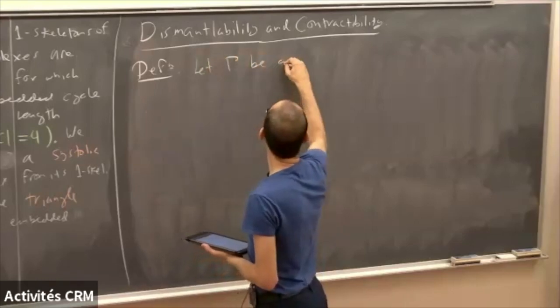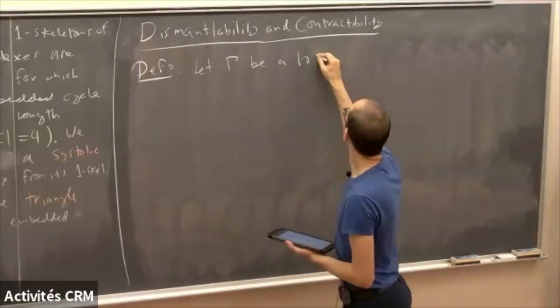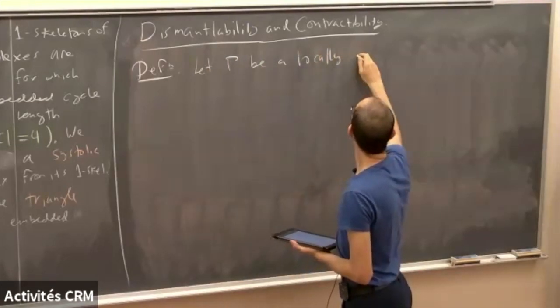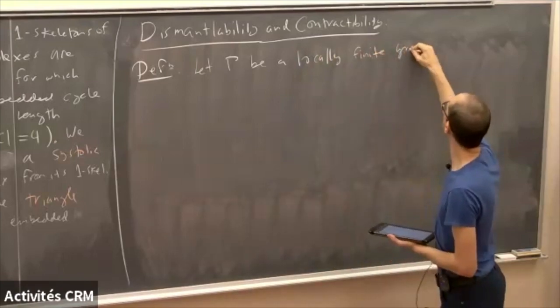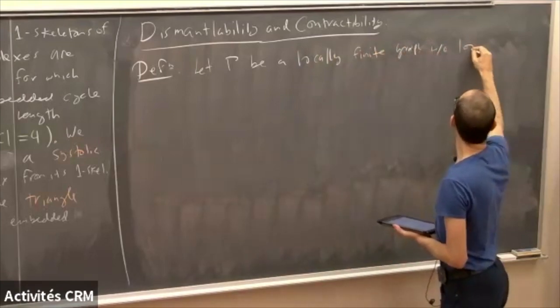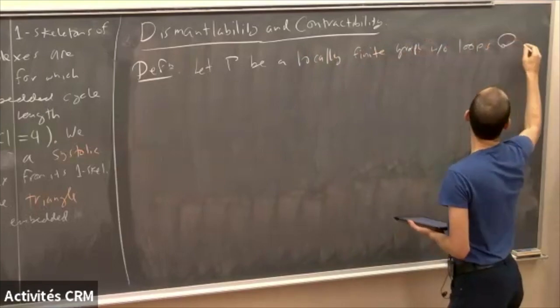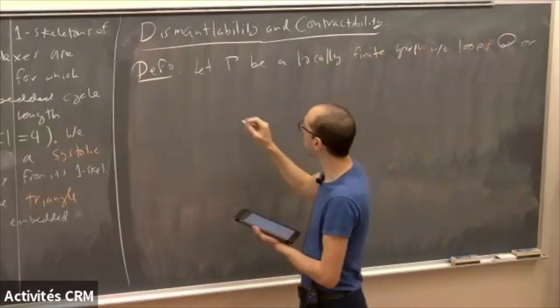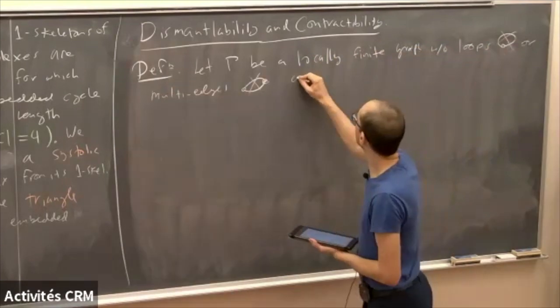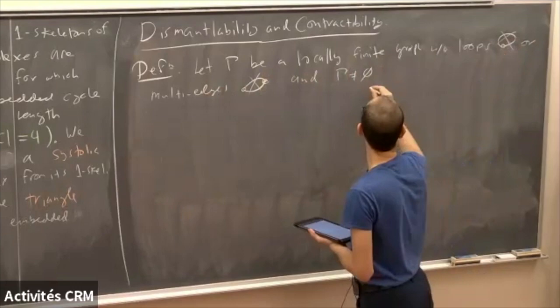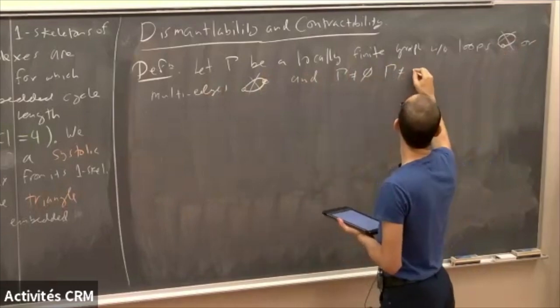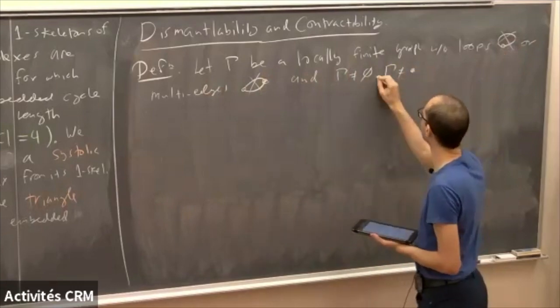Let gamma be a locally finite graph without loops or multi-edges. And gamma is not empty. Gamma is not equal to a single vertex.